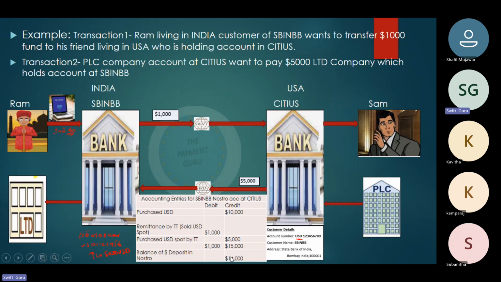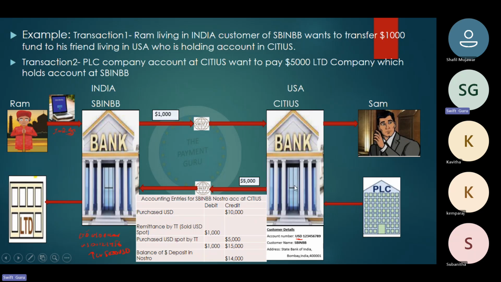These are the entries captured in this Nostro account. They would have funded it, so there will be a funding credit entry. Let's say early in the morning they funded $10,000 from the treasury side. $1,000 was debited from this Nostro account because an instruction came from State Bank of India, for which $1,000 was debited and credited to Sam's account.